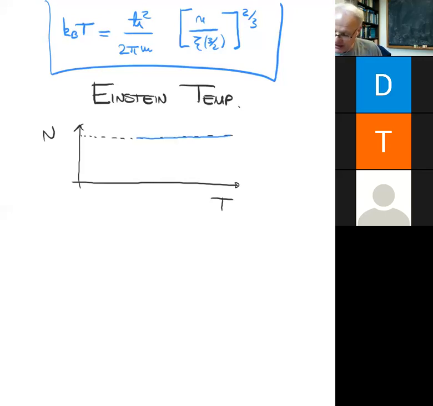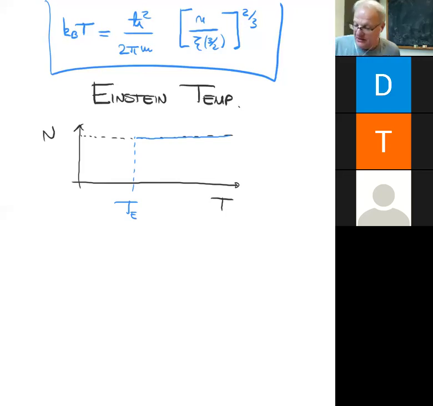But then you get to that magic temperature, you get to the Einstein temperature. And at that point, you can no longer put all the particles into the excited state part of the spectrum. You have to start putting particles into the ground state.